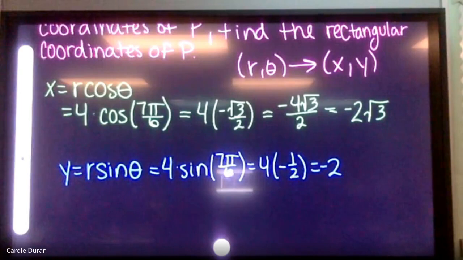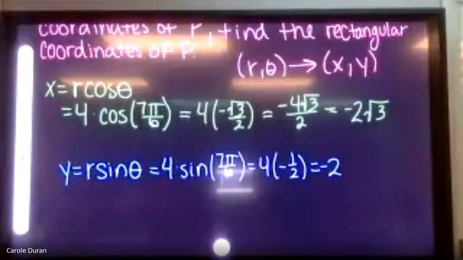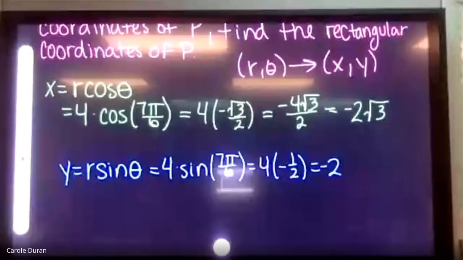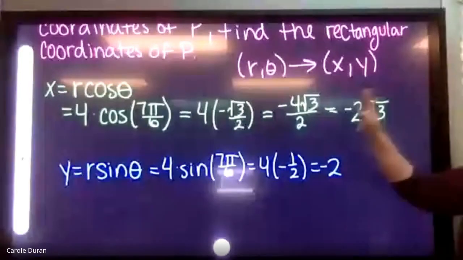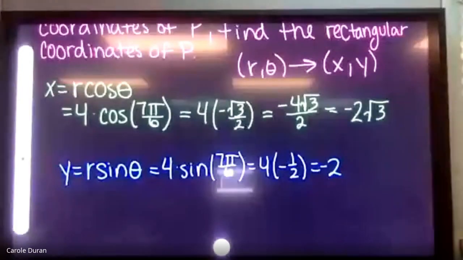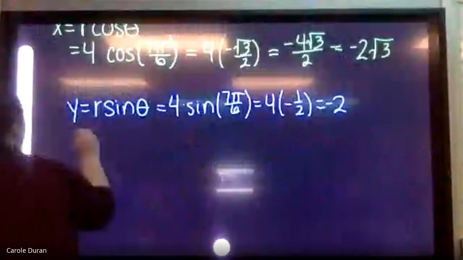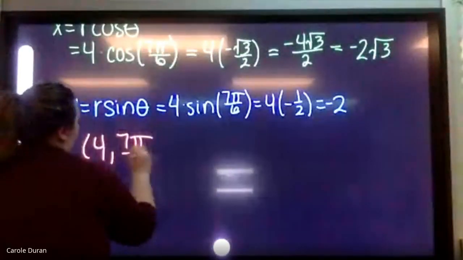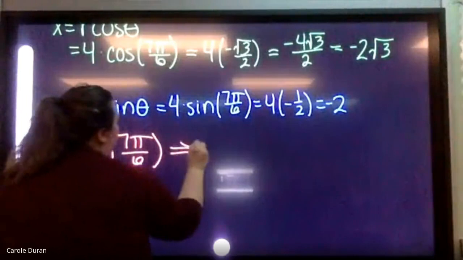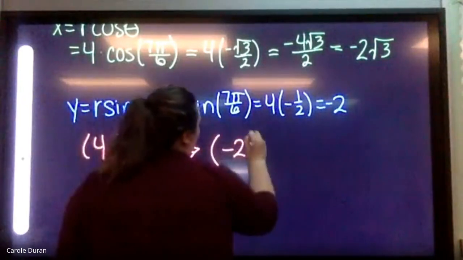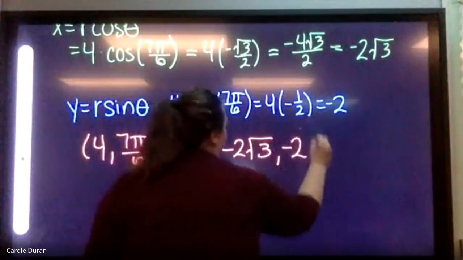Show of hands, come on. Be confident in your answers. You got what, honey? How'd you get positive 2? What's sine of 7 pi over 6? Oh, you just forgot to write it? Oh, okay. So we should have gotten sine of 7 pi over 6 was negative 1/2. Negative 1/2 times 4 is negative 2, which means the polar point for 7 pi over 6 is equivalent to negative 2 square root of 3, negative 2.